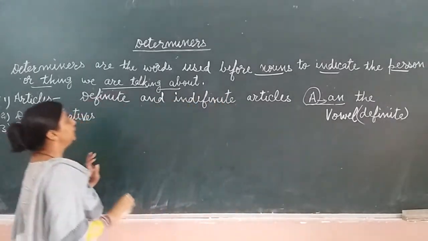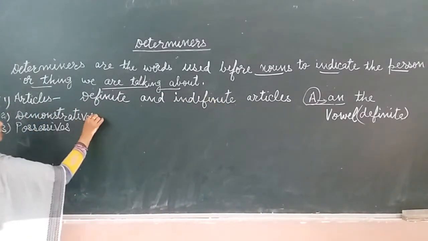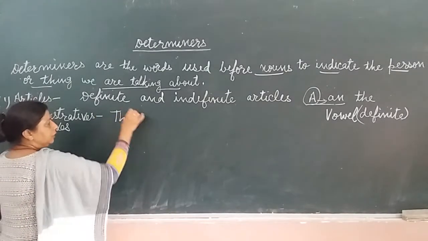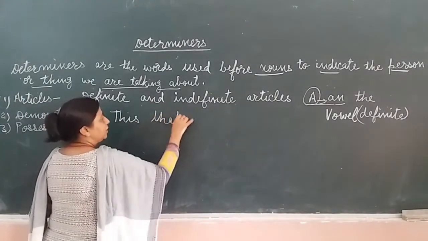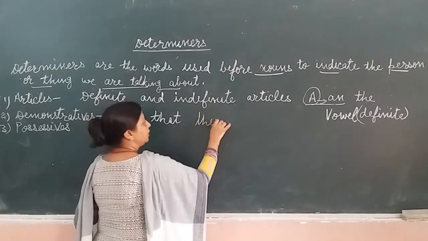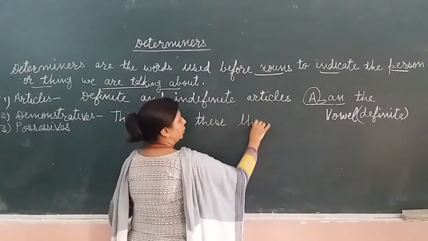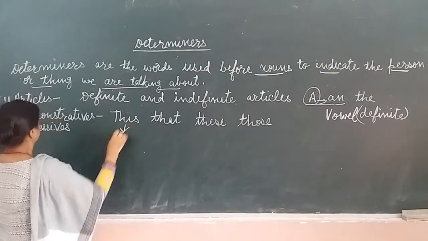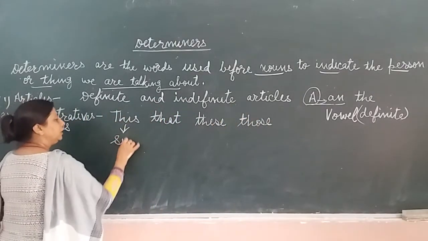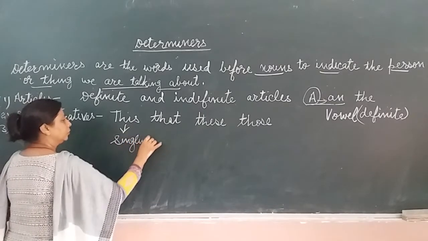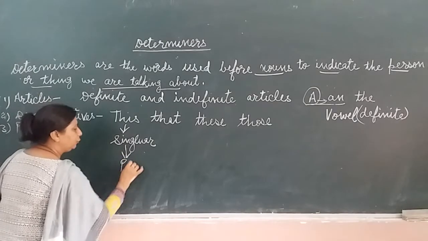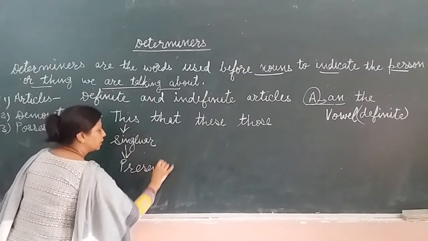Now the second point that we are going to discuss is demonstratives. Demonstratives are this, that, these and those. This is singular in form and it shows the present formation of things.